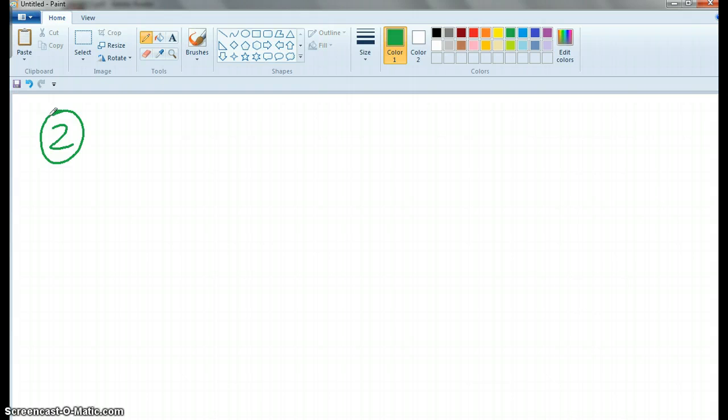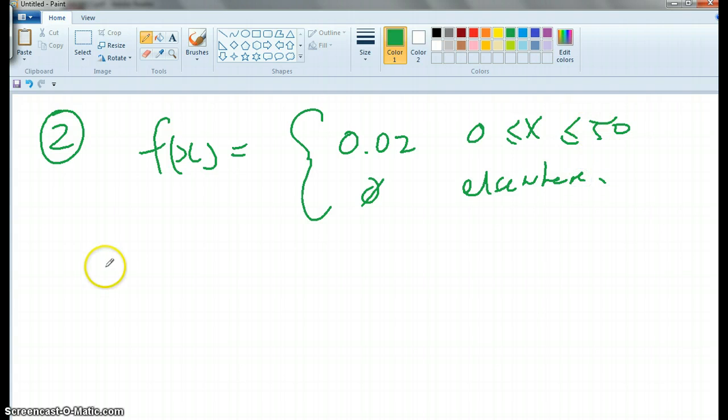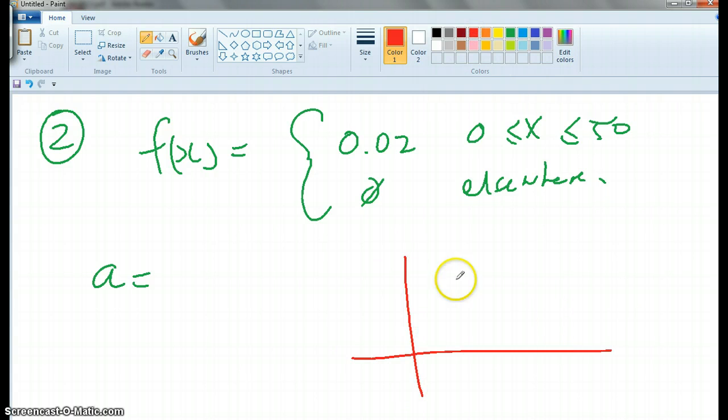Calculate the mean and standard deviation of a rectangular distribution. f of x equals 0.02 when x is between 0 and 50, and 0 elsewhere. So what's your a in this case? How would we draw that distribution?